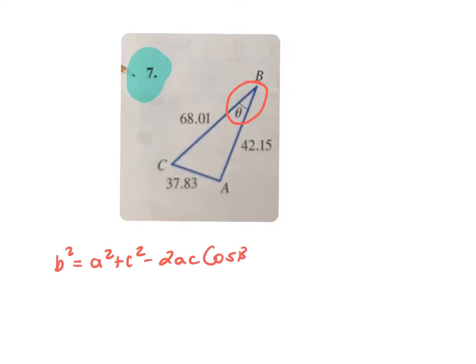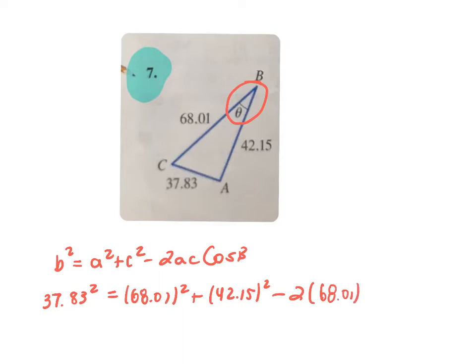B in this case is going to be 37.83 squared equals a, which would be 68.01 squared plus c, which would be 42.15 squared minus 2 times 68.01 times 42.15 times the cosine of b.